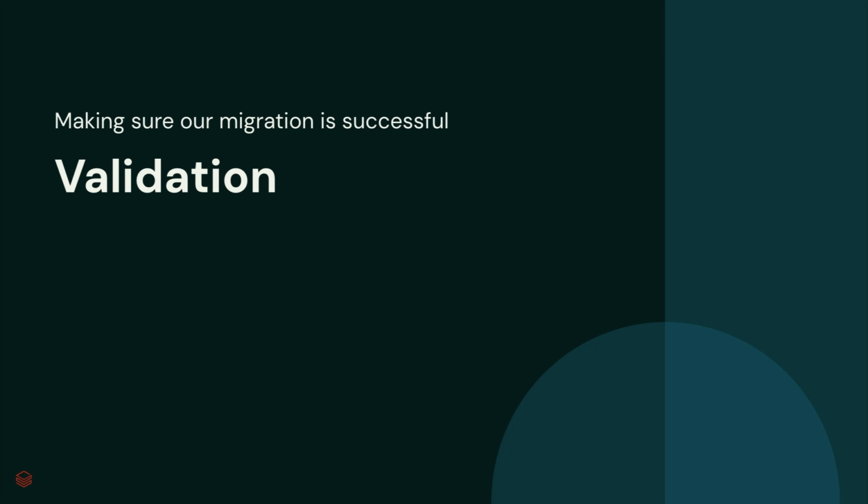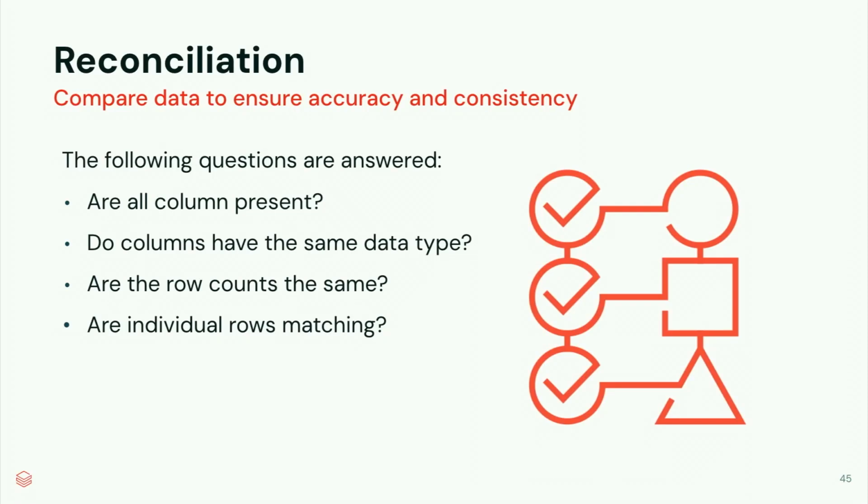All right. Finally, and this is something that is relatively new, but is very powerful, we have the concept of validation. Right now, it's an experimental workflow that is essentially doing reconciliation. The concept of reconciliation is to compare the source table to the target table.